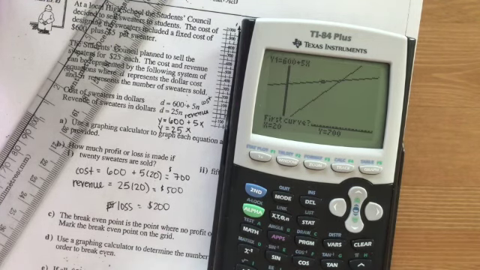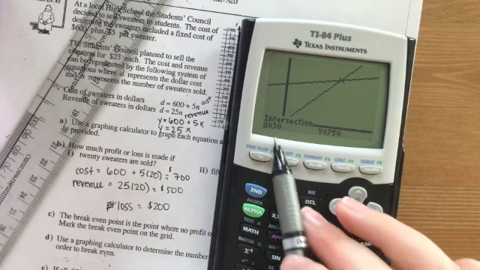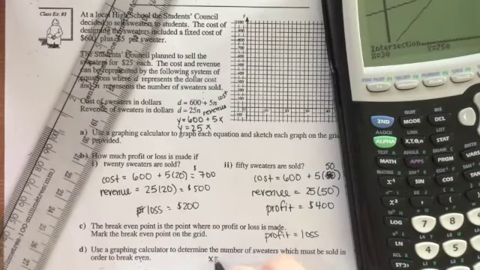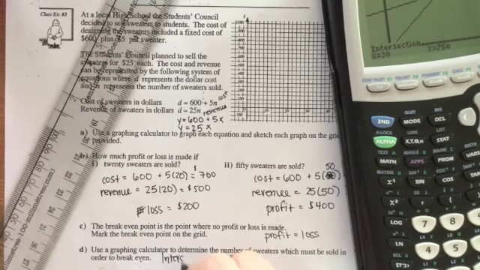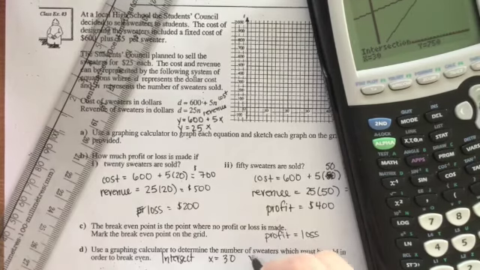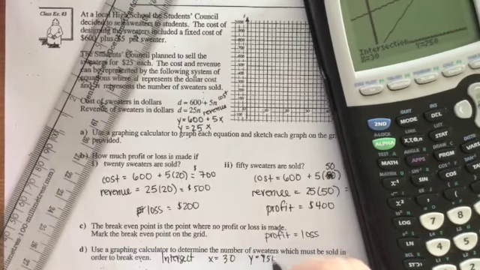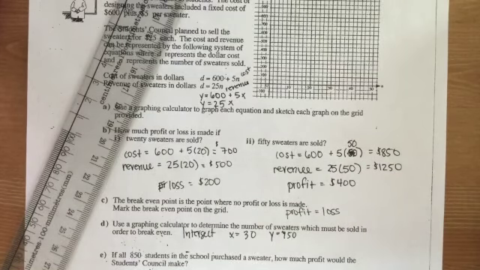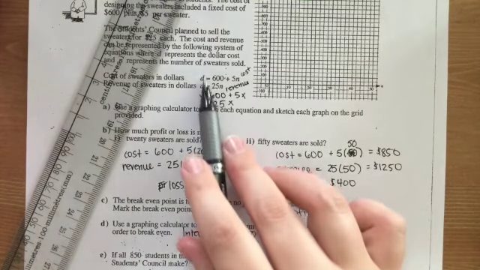I hit second calc intersect, enter, enter, enter. When X is 30 and Y is 750. So I'm just going to write, in case I forget later, that this was the intersection. X is 30, Y is 750. In the context of my problem, Y was related to the dollar amount.